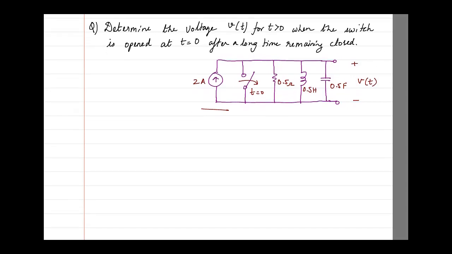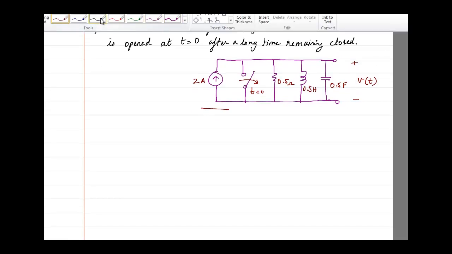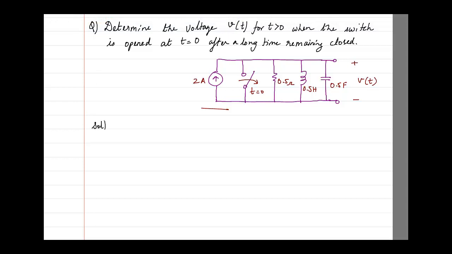Now as we do the problem, we will find the two conditions one by one. The first one is at t equal to 0 minus, that is, when the initial condition comes into play, what is the circuit going to look like? So this has 2A, and the switch is closed. The resistance and inductance we will draw one by one.